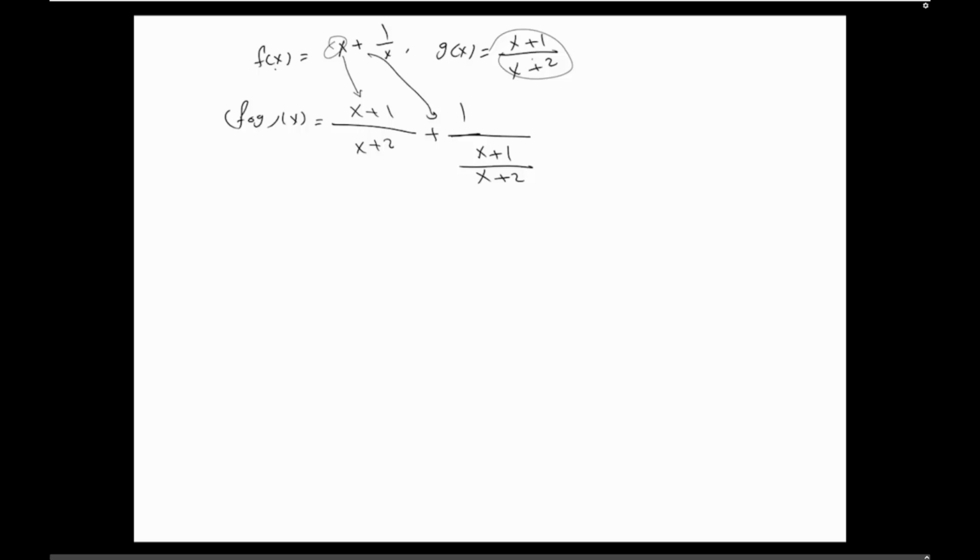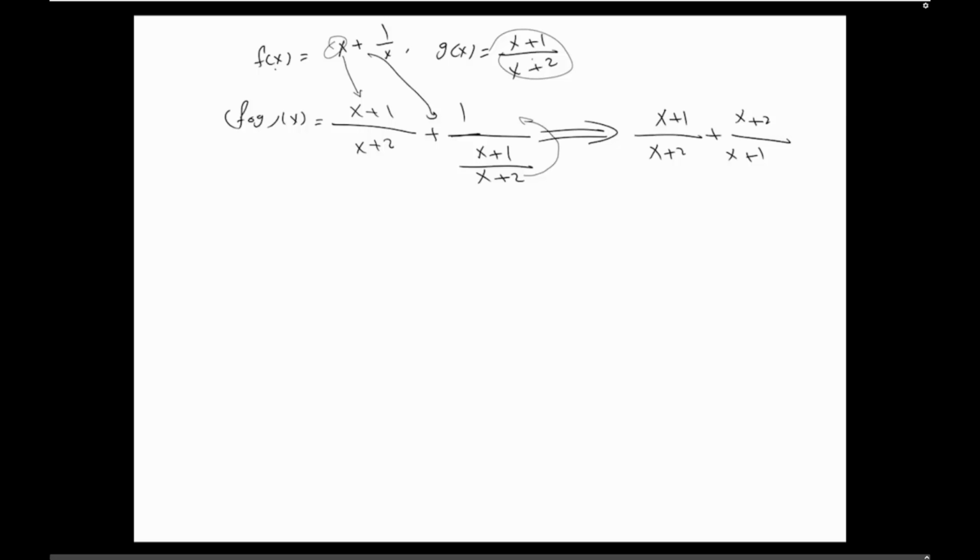And as you guys know, the denominator of the denominator will be raised to the numerator, so we will get this, which is x plus 1 over x plus 2, plus x plus 2 over x plus 1.